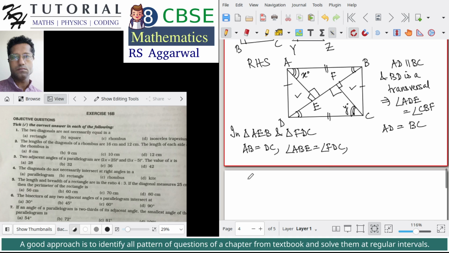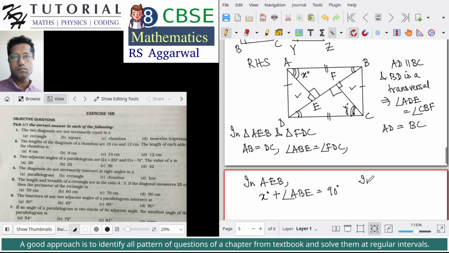In triangle AEB, using the angle sum property, one angle is 90 degrees, so the sum of the other two angles must be 90 degrees. So the other two angles are x degrees and angle ABE, which should add to 90 degrees.